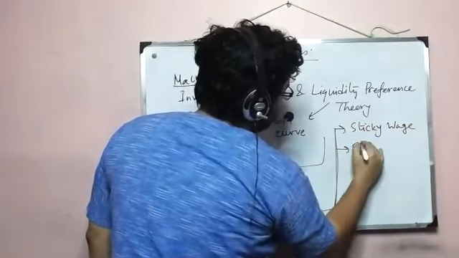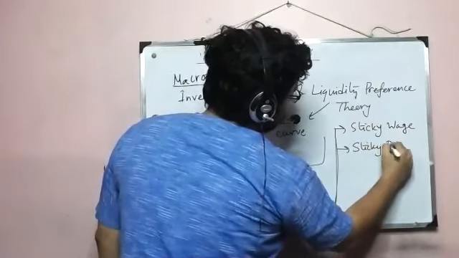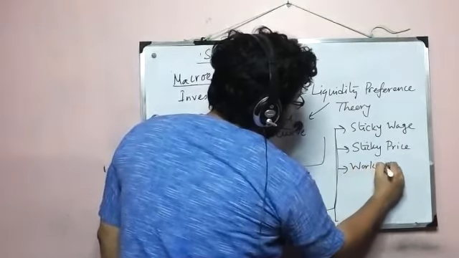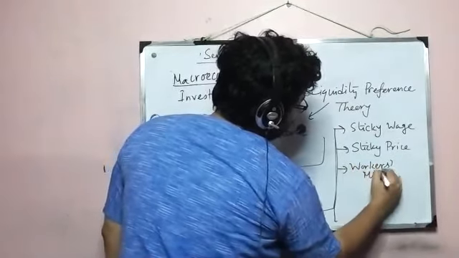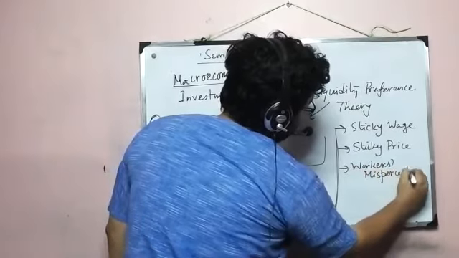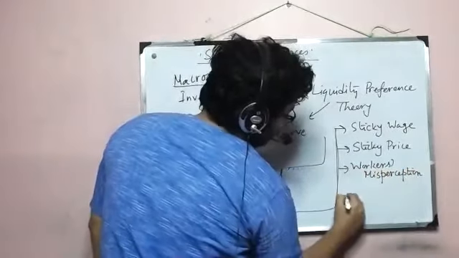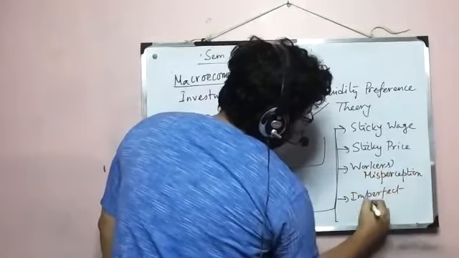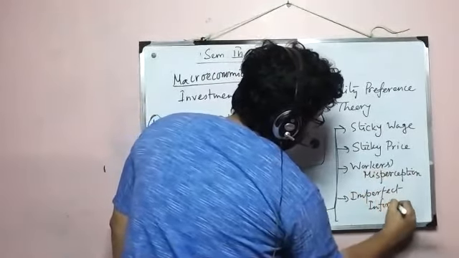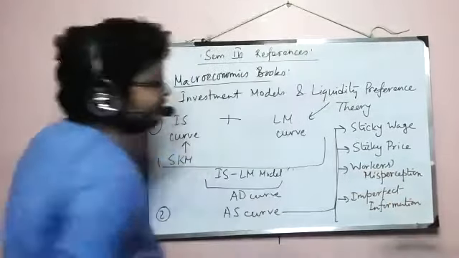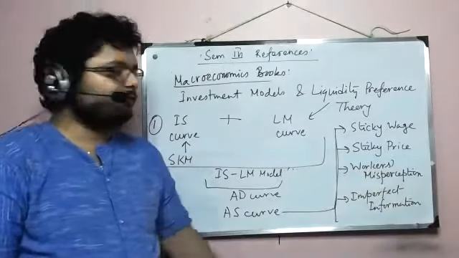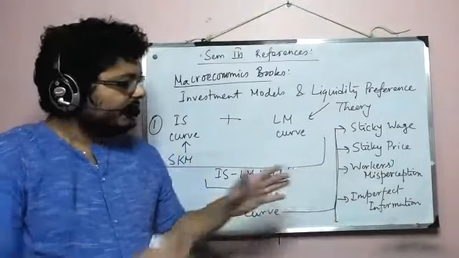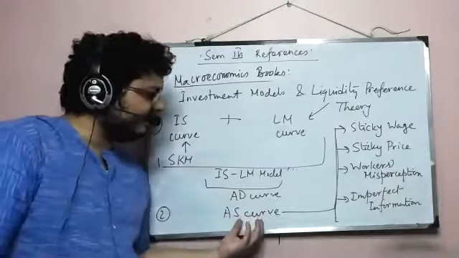Number two is sticky price. Then there is a model called workers' misperception. And then there is the imperfect information model. So these are the four models, and all four independently derive the shape of the AS curve.